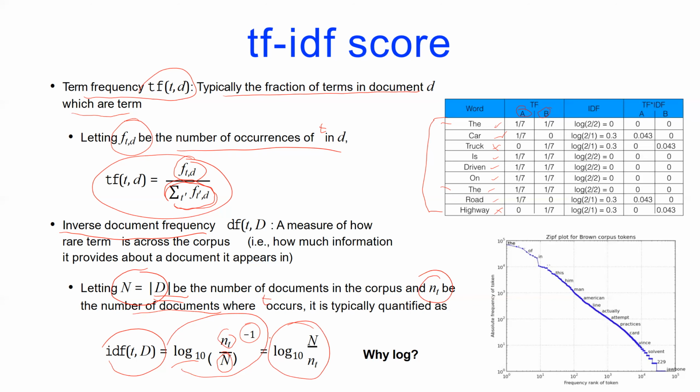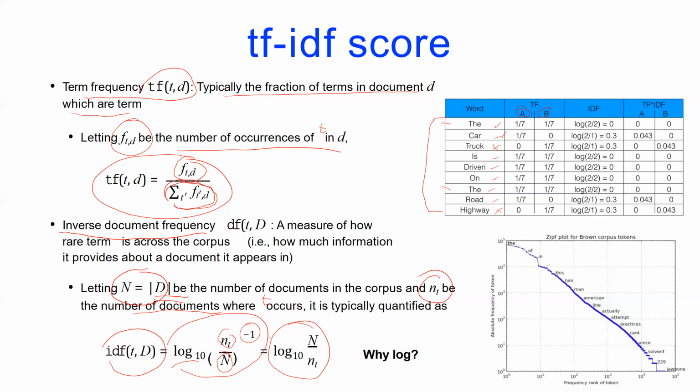So first of all, why log? If I take away the log, this becomes trivial. You are using the total number of documents divided by NT. If a word appeared a lot, then I will have a smaller number.